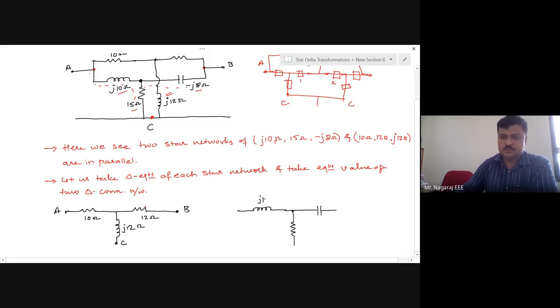So this is J10 ohms, minus J8 ohms, and this is 15 ohms. This is terminal A, terminal C, and terminal B.